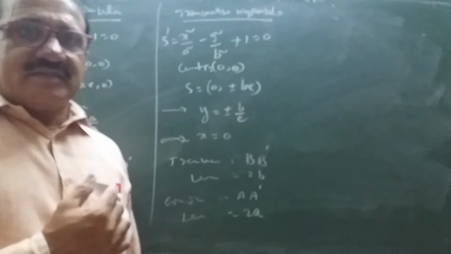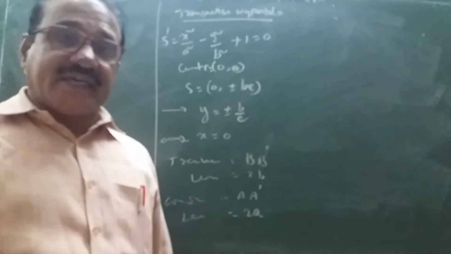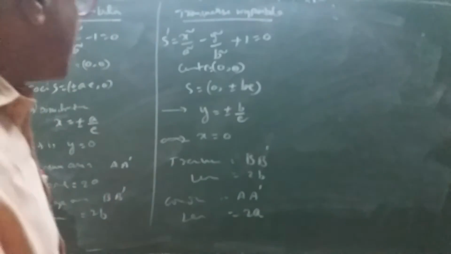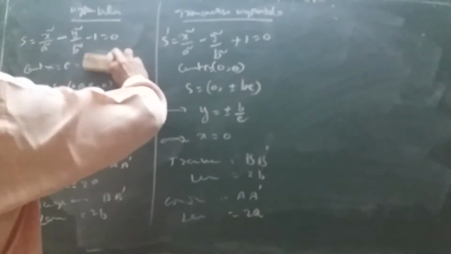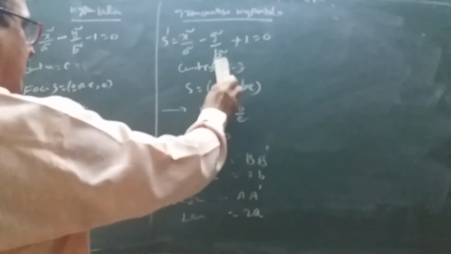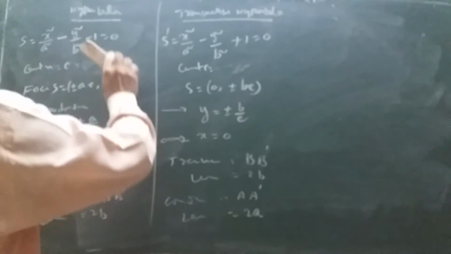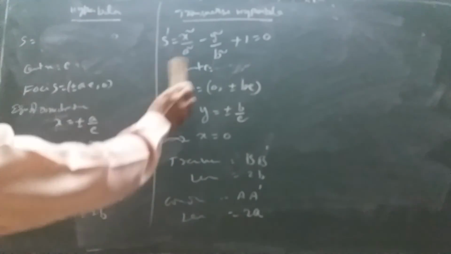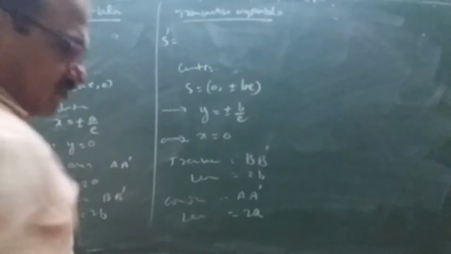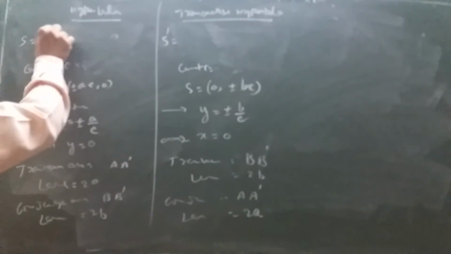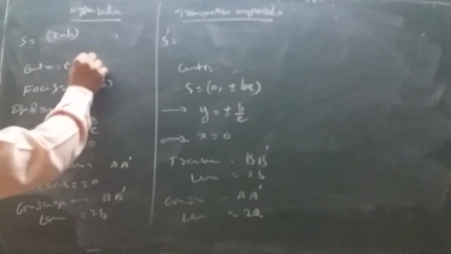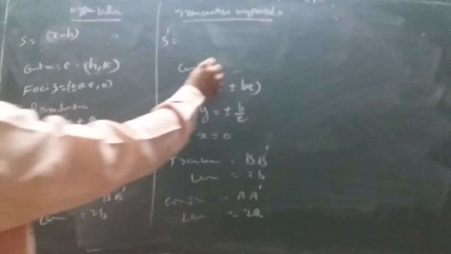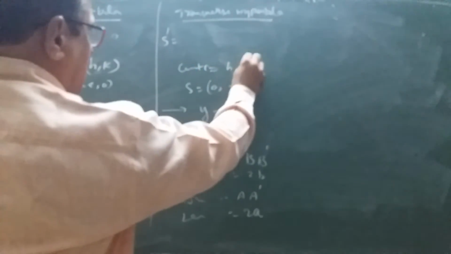This is for center 0, 0. If the center changes, what will happen? If the center moves to h, k, then the equations may be taken as follows. The center is h, k here, and also h, k here.